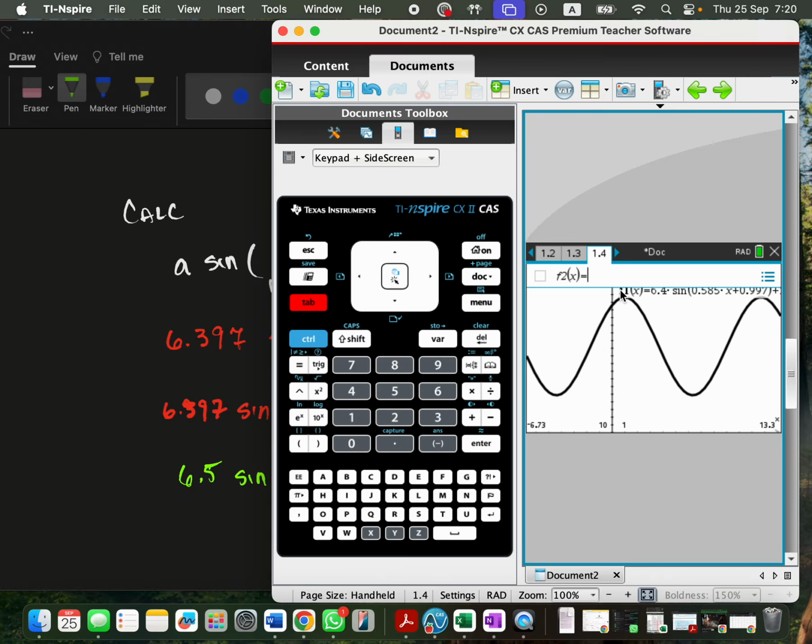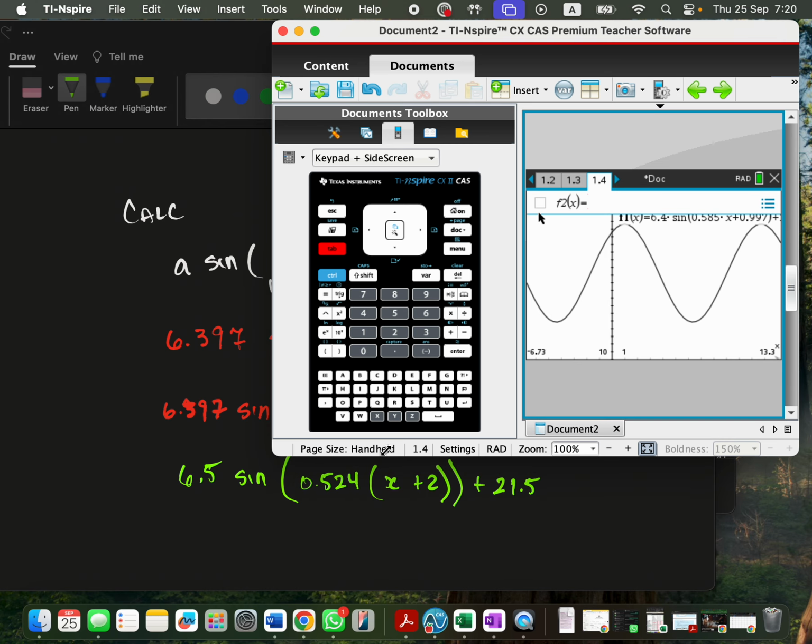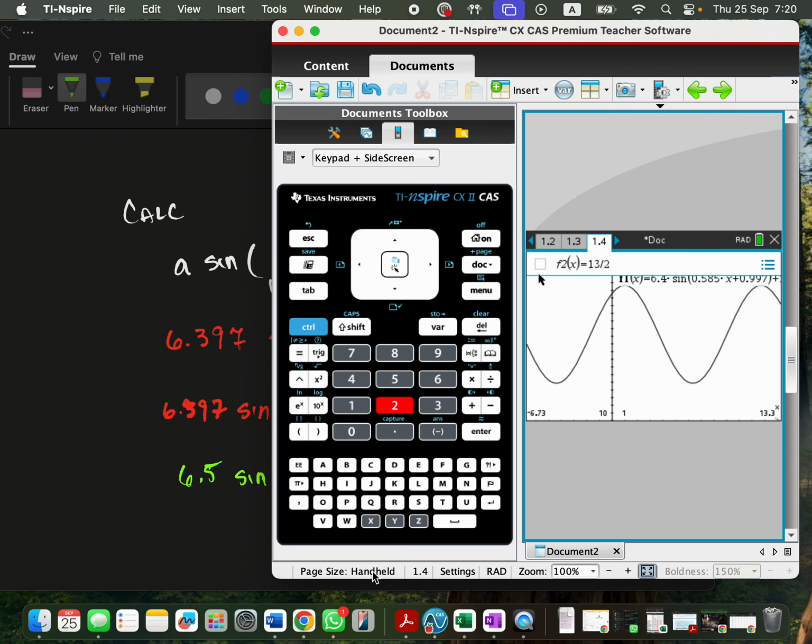If I then press tab again and I put in the one that I had here, which was 13 halves times the sine of pi over 6. Sorry, I want one more bracket there. Times x minus x plus 2, and then all of this I'm going to add 21 halves to.